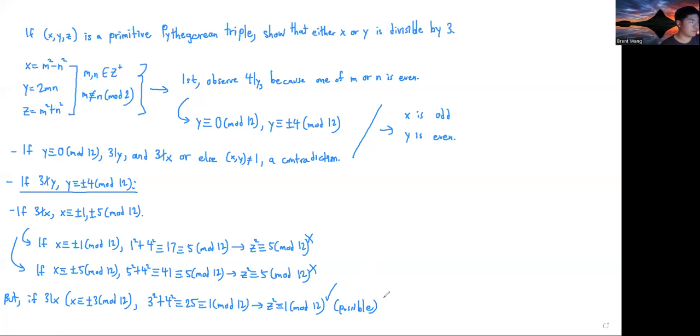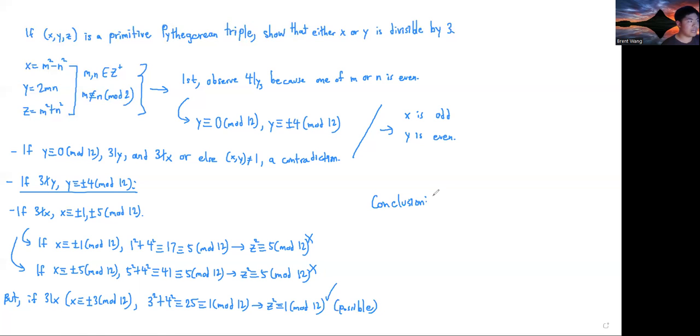So therefore, in conclusion, I'm running out of space here, but I don't really want to erase anything. If y is divisible by 3, then x can't be divisible by 3. And if y is not divisible by 3, then x is divisible by 3.